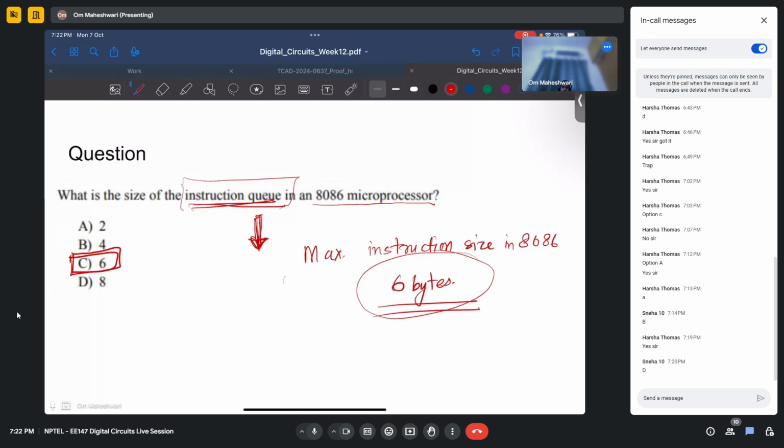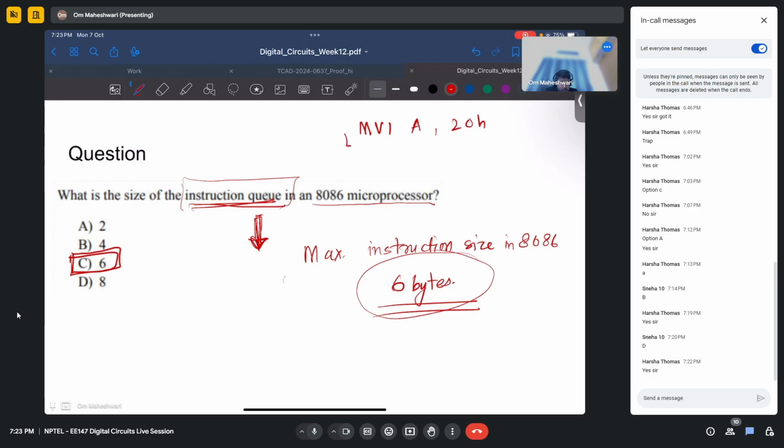Is it clear? It's a theoretical question. I hope you're able to relate. Like in 8085, we have seen some instructions, right? Like, maybe I can just write, let's say, MVI A, 20H, right?